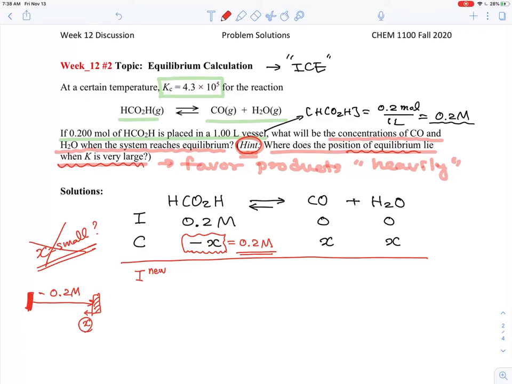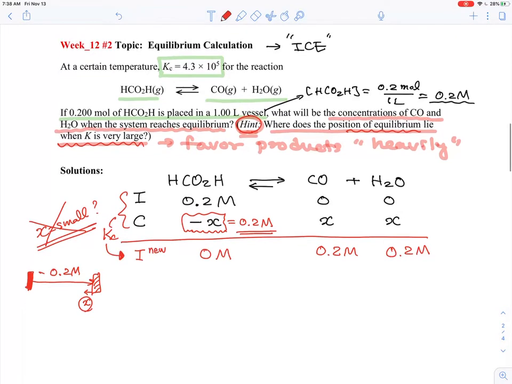So initially, I am going to say everything is used up, and by doing so, 0.2 molar is being generated. Based on Kc being large, this is my new initial condition.